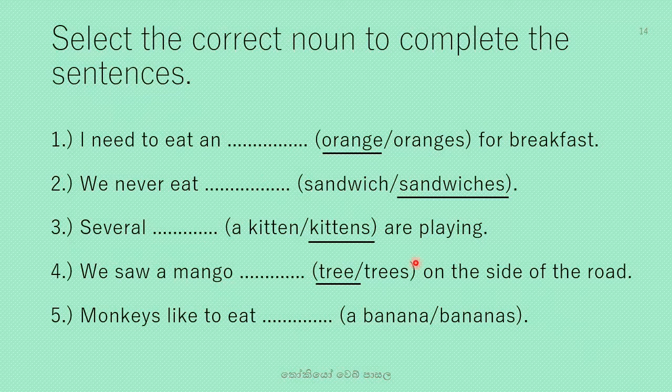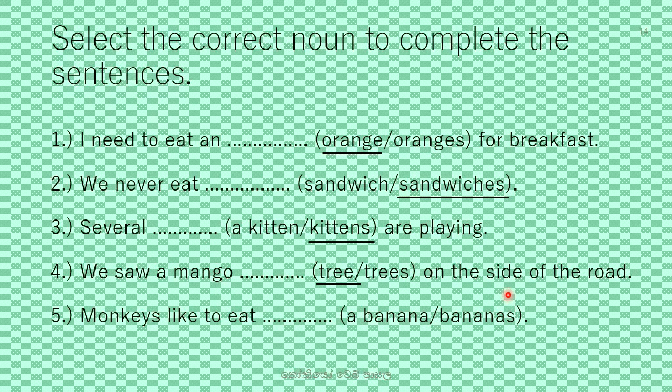Here in the sentence, it is mentioned we saw a. So it is a mango tree, which means if we have a, it is always singular form. So we saw a mango tree on the side of the road.